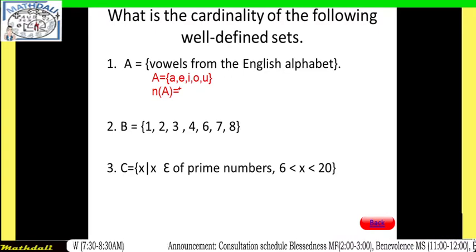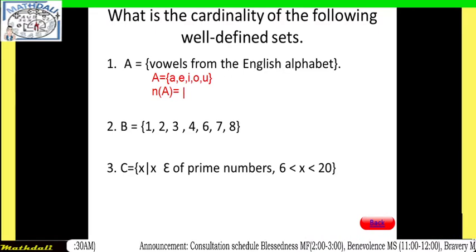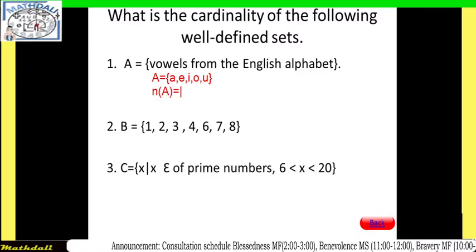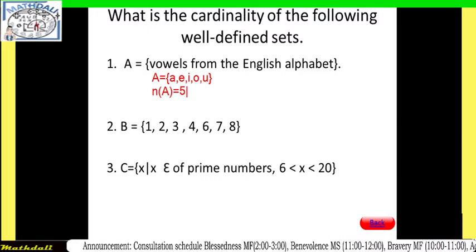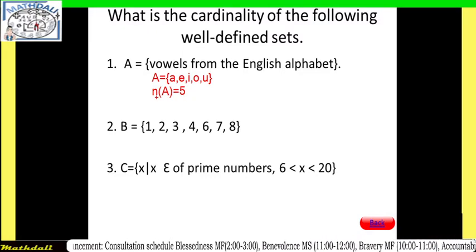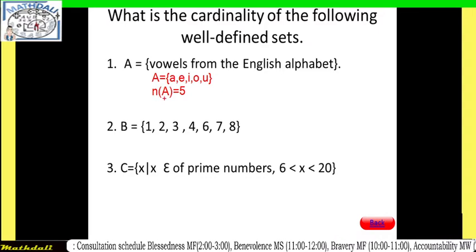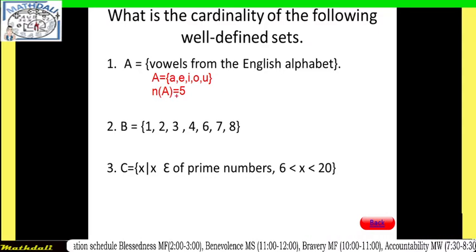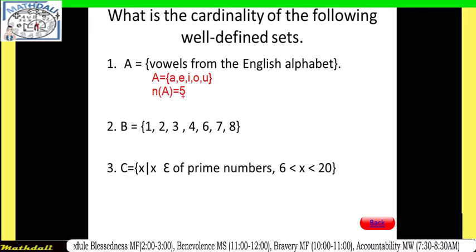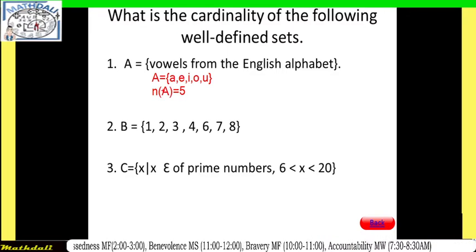So we're going to write that one here. So ito yung notation natin ng cardinal number with a small letter n. Then we have the name of the set enclosed by a parenthesis that will be equal to the number of elements in a given set.